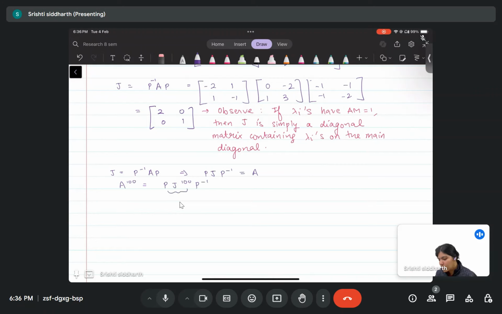The special thing about J to the power 100 is it's just the 100th power of the diagonal elements because J was a diagonal matrix.